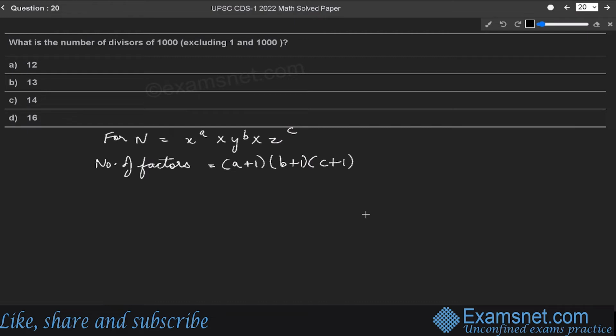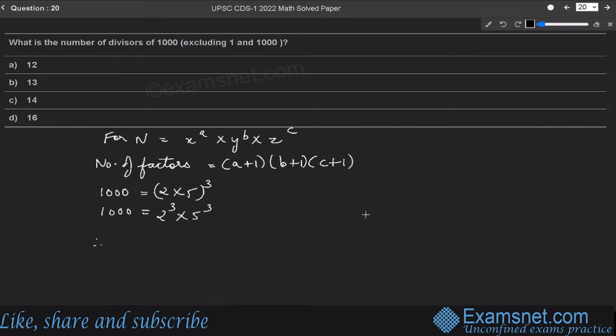Now talking about the prime factorization of 1000, it will be 2 into 5 cube, meaning 10 cube. We know that 10 cube is 1000, and we have to find the prime factorization in this step. So we can write it as 1000 is equal to 2 cube into 5 cube.